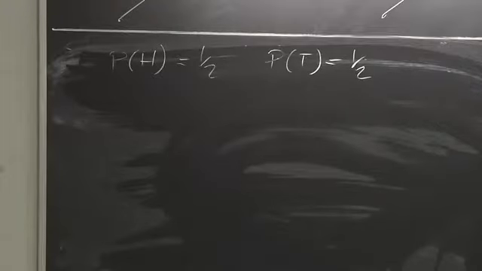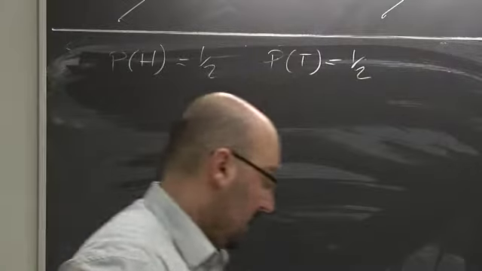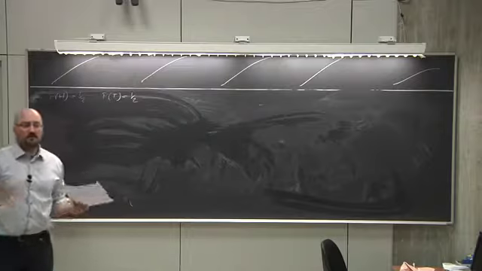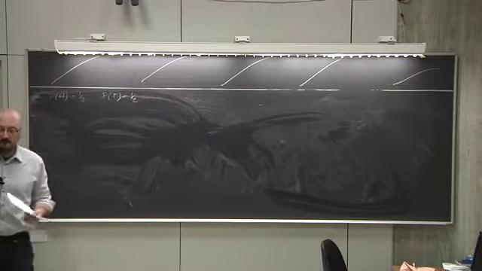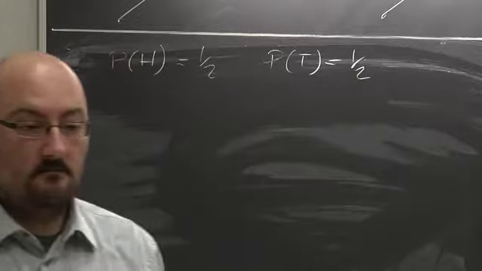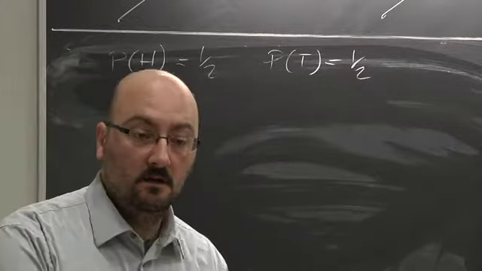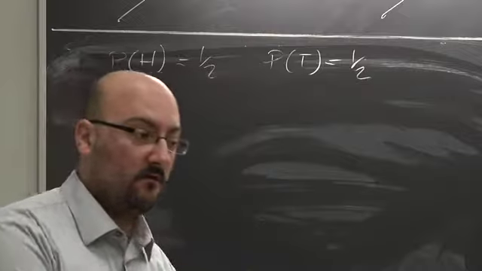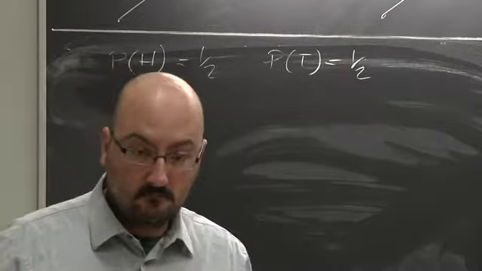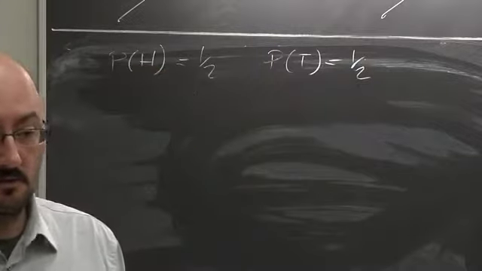Suppose we have two such coins, and we toss both of them at the same time, and we assume that the events are completely independent. Okay, whether it's a head on coin 1 does not affect the result of the tossing of coin 2.